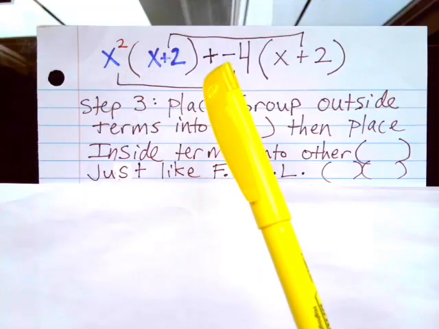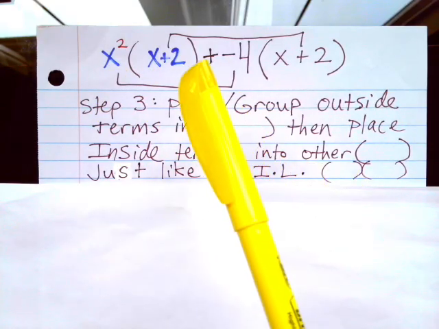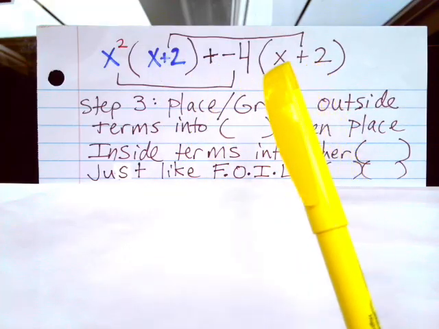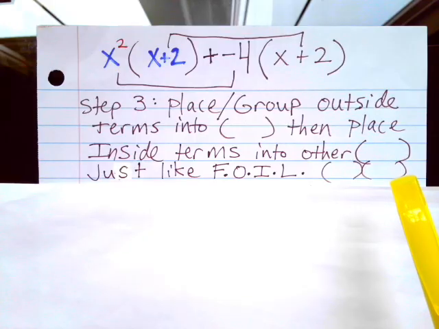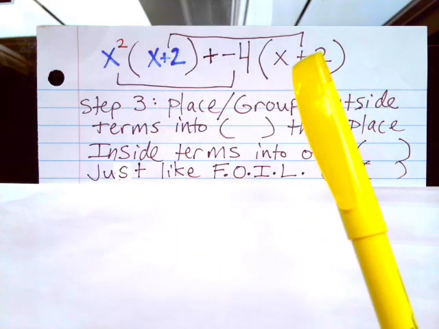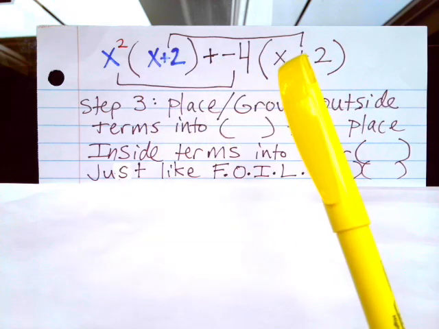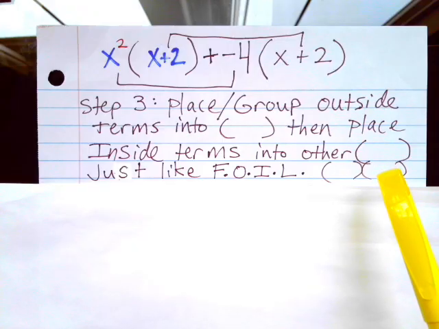So x squared plus a -4 goes in one side of the parentheses. Then x plus 2, that's already inside the parentheses, goes into the second parenthesis. You have the same exact terms inside the parentheses, and you're going to put both of those into one parenthesis.